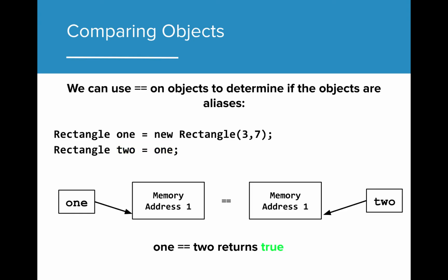In practice, what that means is that they are both pointing to the same object in memory. When we use the double equal sign, the evaluation will return true because the two objects are referencing the same memory address and thus are referencing the same object. Comparing values this way is referred to as reference equality.